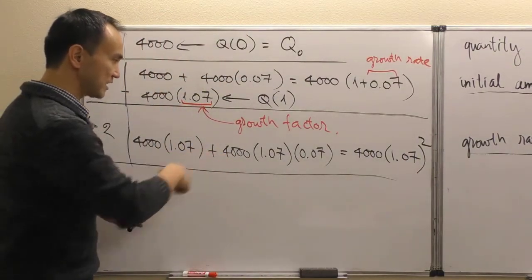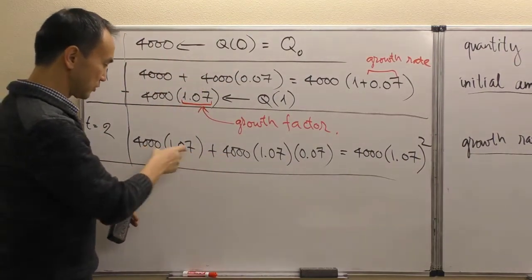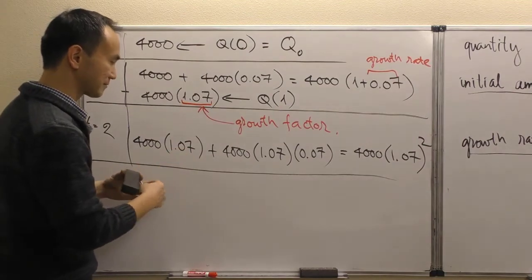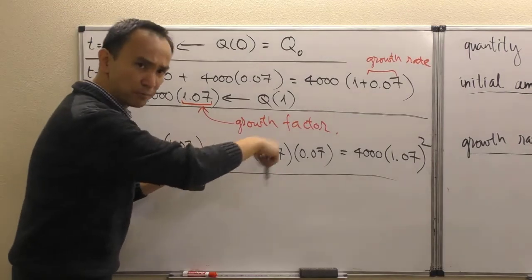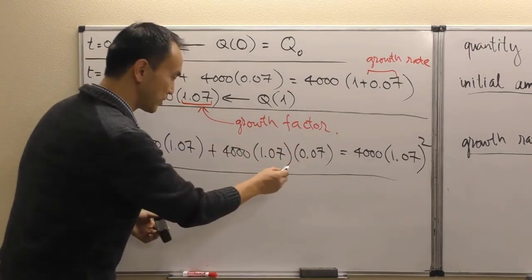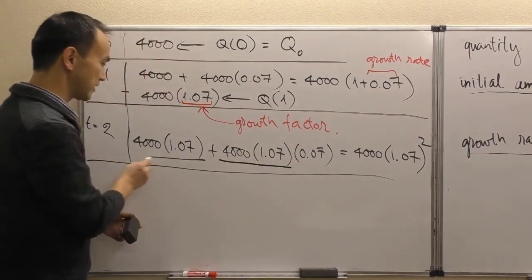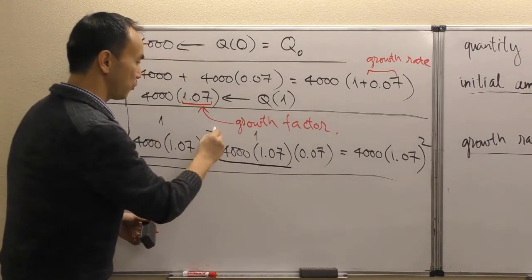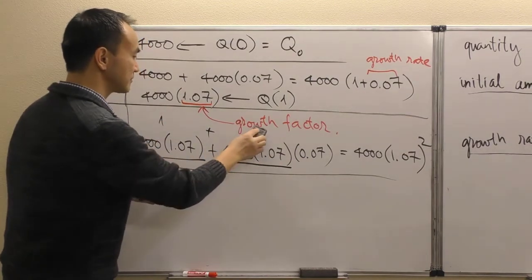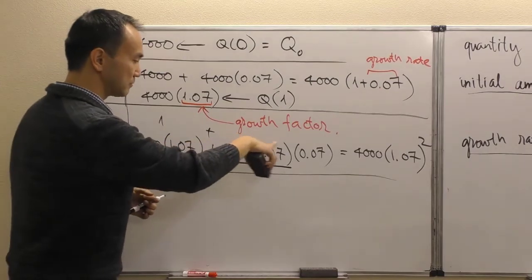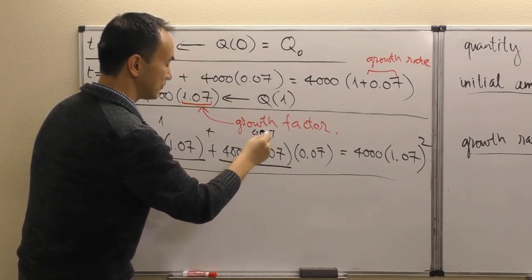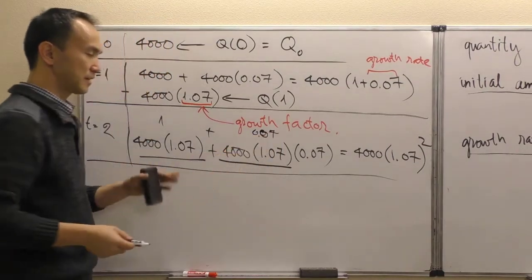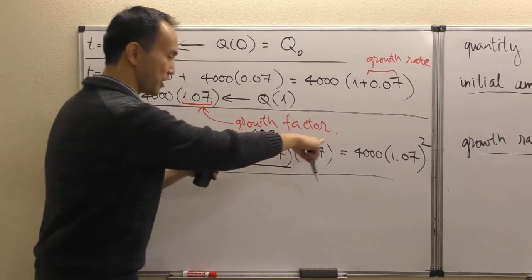The way I'm seeing this, it's 4,000 times 1.07 in parentheses, 1 plus another 0.07, because this is 1 time and this is 0.07 time of that.